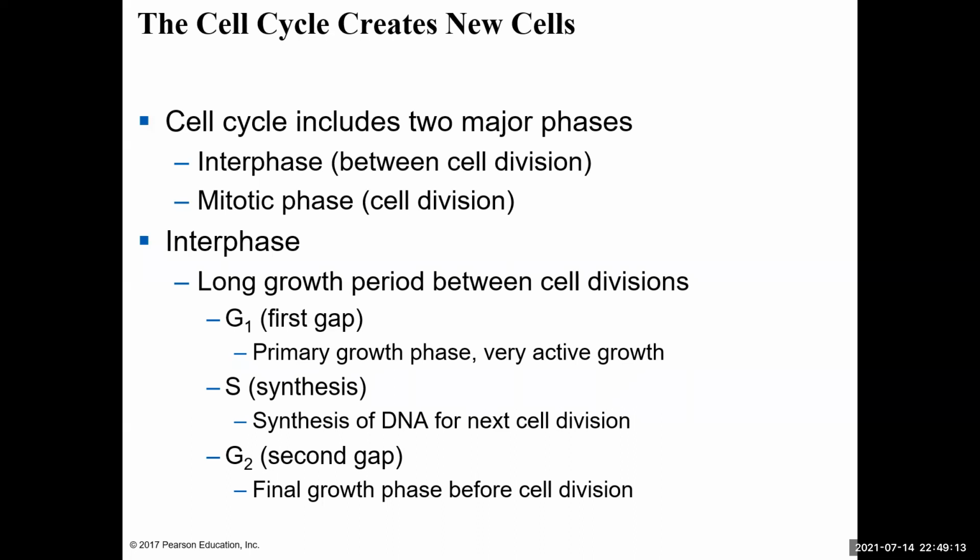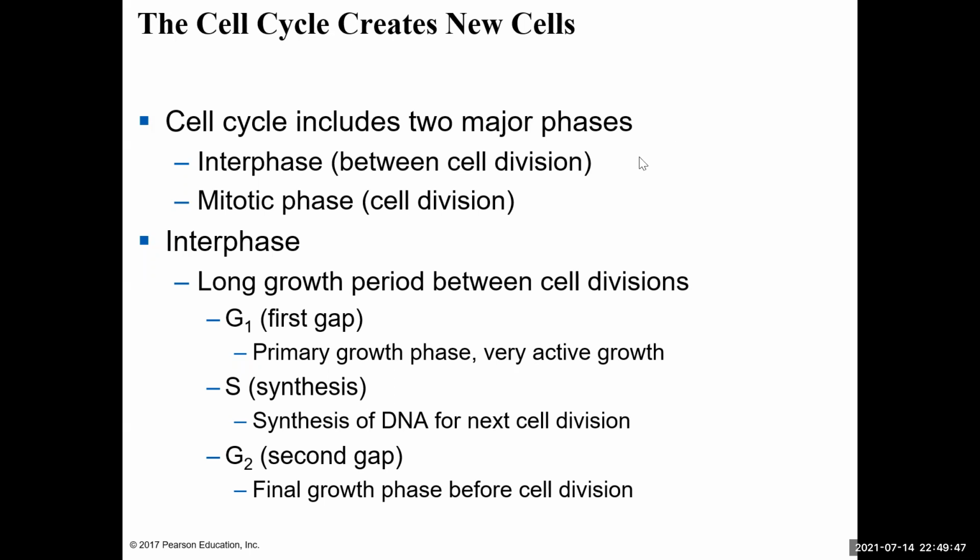So G1 is basically the primary growth phase. This is when the cell is very active. It's doing cellular processes, right? Cellular respiration, all of that good stuff. After the first growth phase, the synthesis phase then starts. The synthesis phase is when the DNA replicates itself and gets ready for cellular division, so you can have 2 copies of your DNA put into 2 daughter cells.